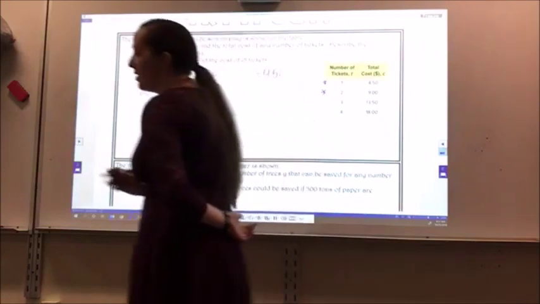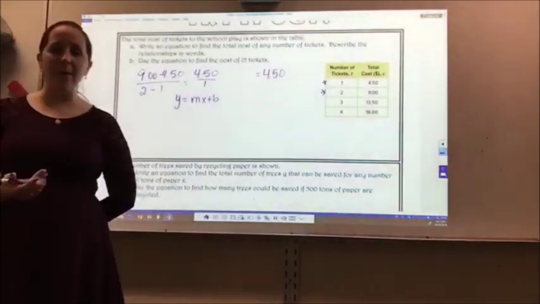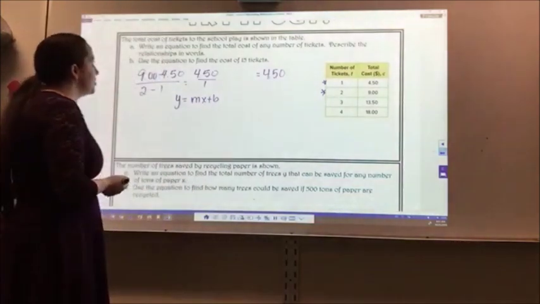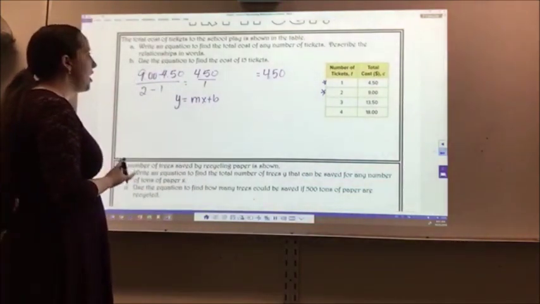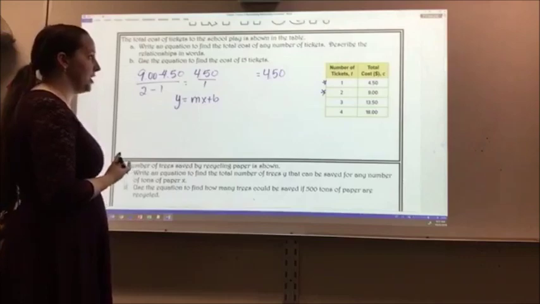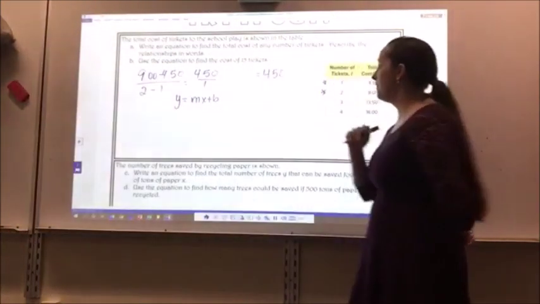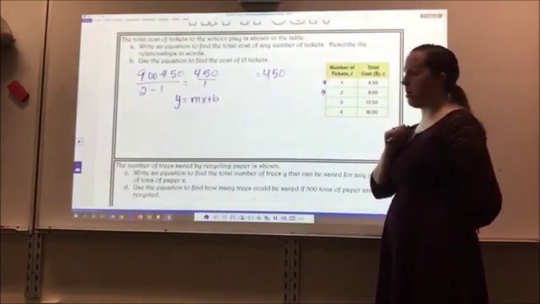So then I need to figure out what my y represents and what my x represents. In this case, the total cost of tickets to the school play is shown in the table. So what am I doing? I'm multiplying 4.50 by something in order to get my cost, right?